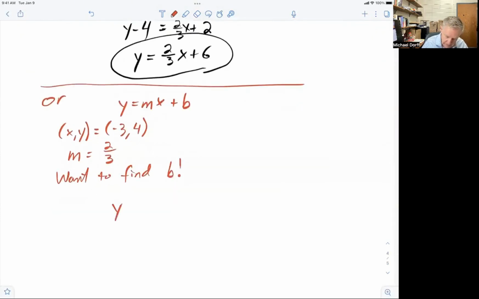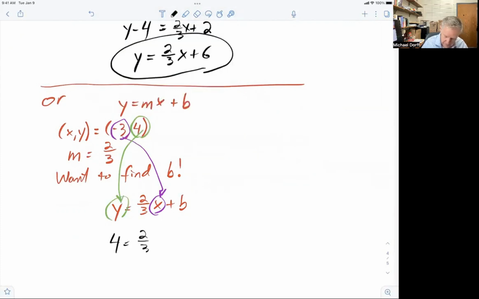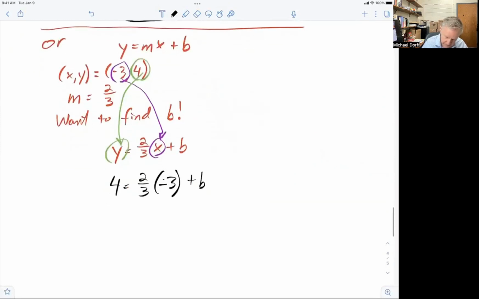So you do y equals 2/3 x plus b, and then you substitute in the negative 3 for x, and the 4 for y, so you get 4 equals 2/3 times negative 3 plus b. 2/3 times negative 3 is negative 2, plus b. Add 2 to both sides, and you get 6 equals b.